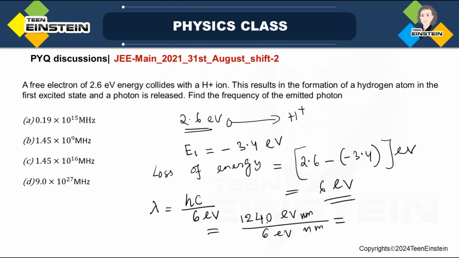So this will give you nearly 206 nanometer. So we have got the wavelength.